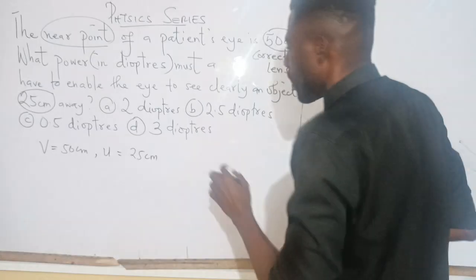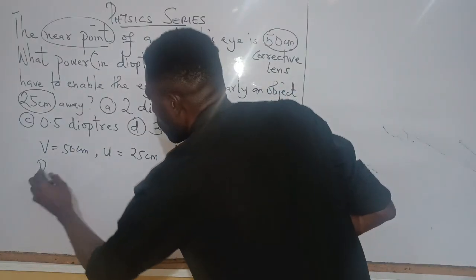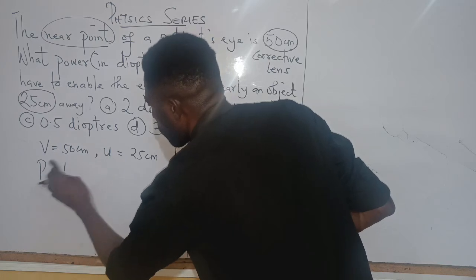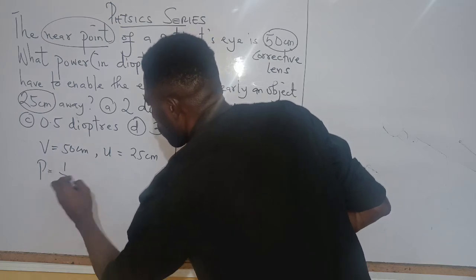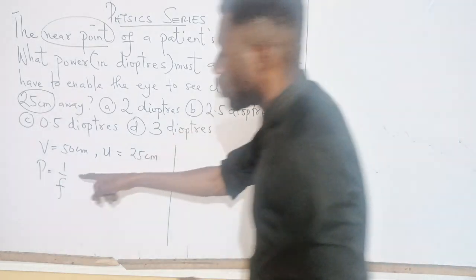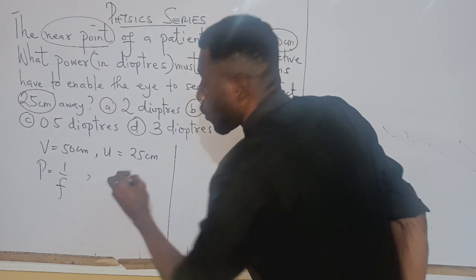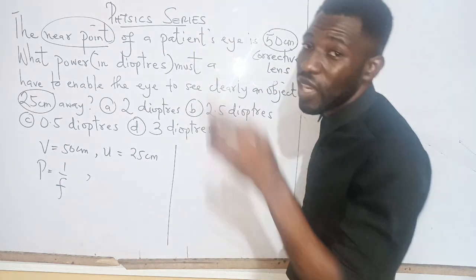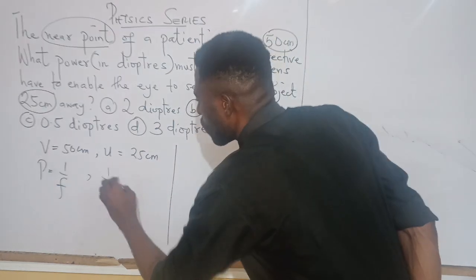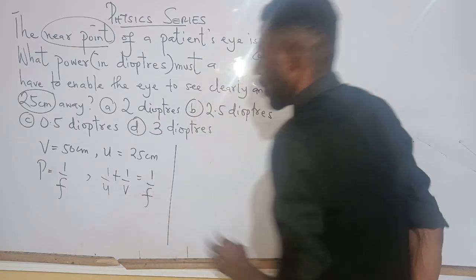Don't forget, the formula for the power of a lens or power of a mirror is 1 over the focal length. The power of the lens or mirror is 1 over f. But we cannot get 1 over f until we apply the mirror equation, which is also the lens equation, and that is 1 over u plus 1 over v equals 1 over f.